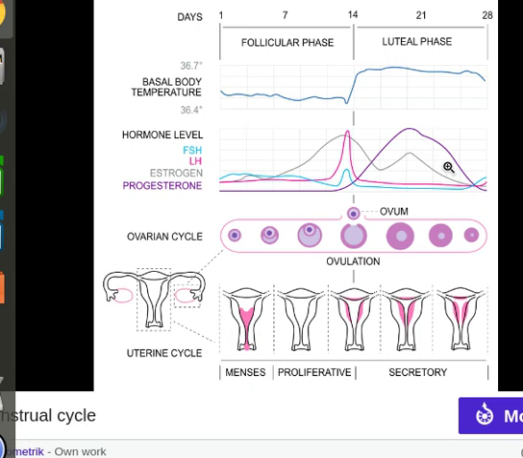Yes, estrogen. But it then begins to gradually rise again. This is also when another hormone level starts to increase. Yeah, progesterone. This is because they both maintain the uterus lining.